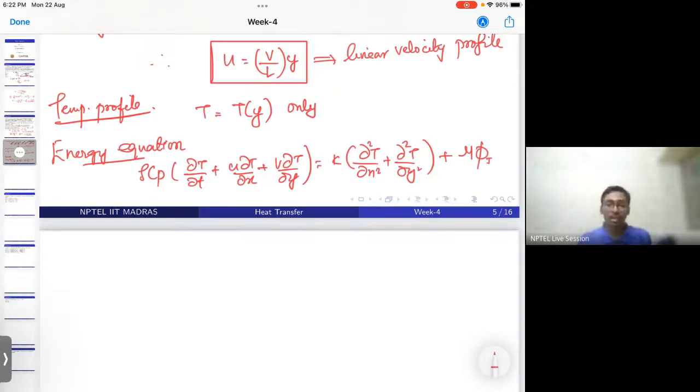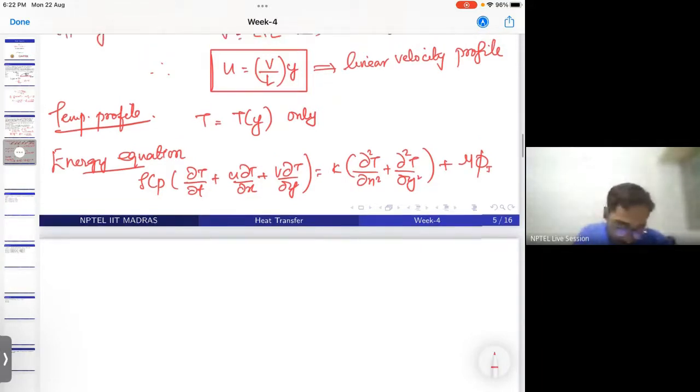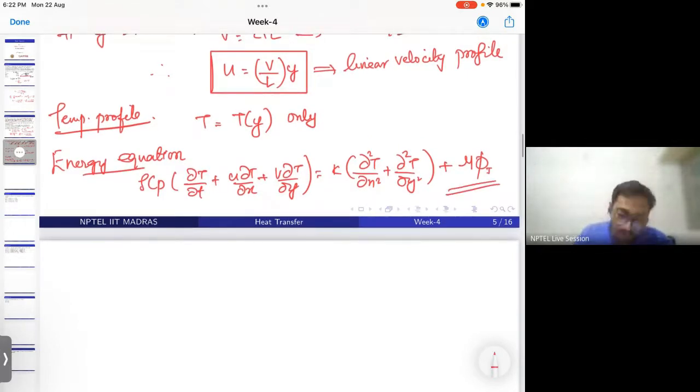In the general energy expression, there will be a viscous dissipation term. This is the viscous dissipation term. So in this situation, or in this question, do we need to consider this viscous dissipation term or not?